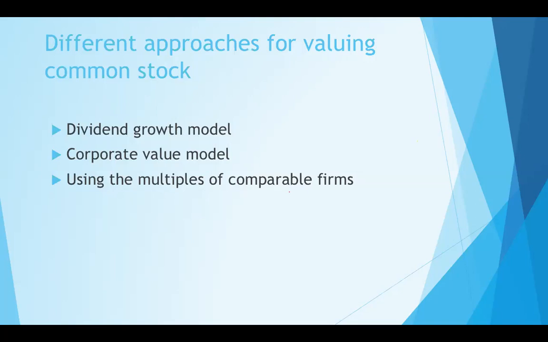And the last one is the multiples, which is the easiest one. Next lecture, we'll talk about it again. But today we'll concentrate on the dividend growth model, right? These are the basic three ways of calculating common stock value.